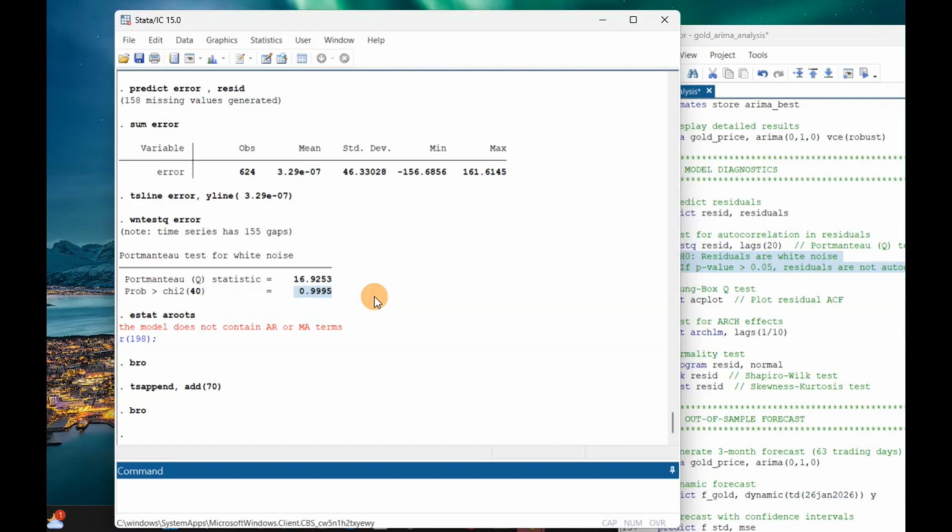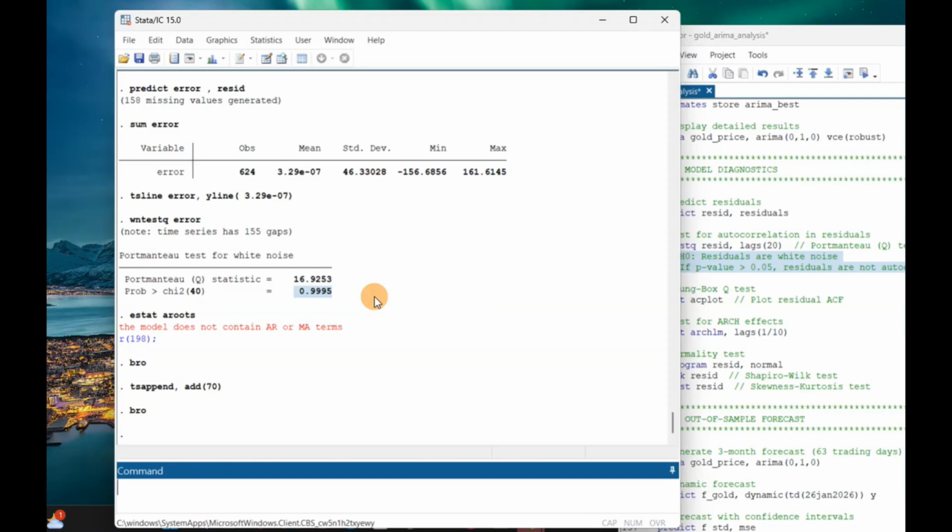We have FC forecast, gold price, underscore price, are we together?